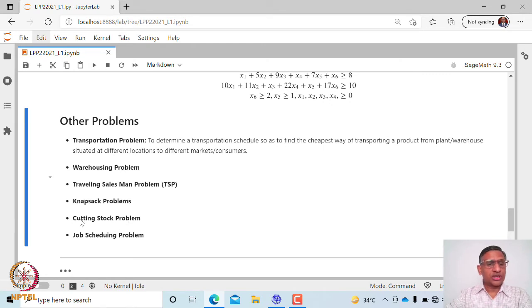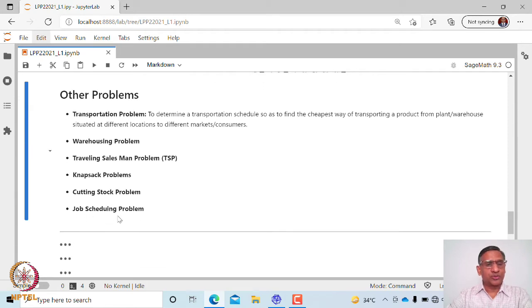So this is what is called the cutting stock problem. This is again a very important class of optimization problem, a linear programming problem. You also have the job scheduling problem, where you can think of, for example, flight crew scheduling, or scheduling of certain jobs which can go through many different machines.